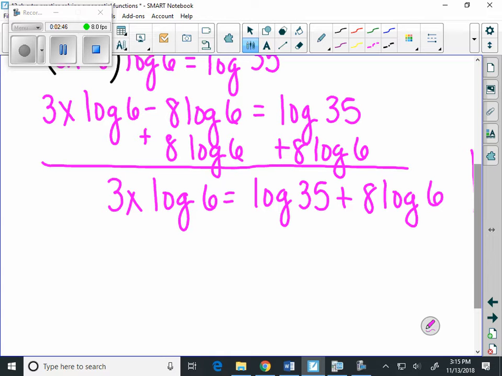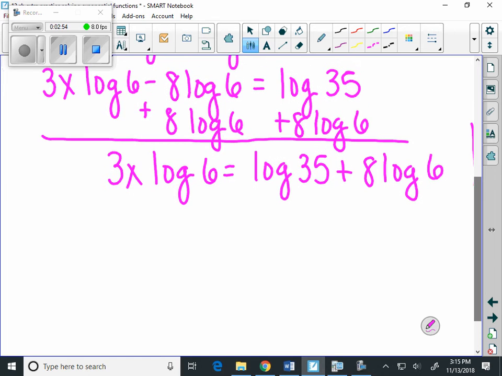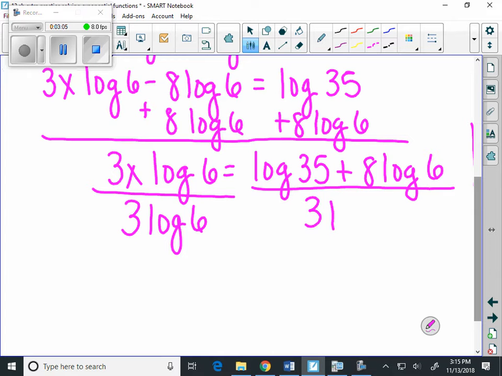And what we're trying to do is get x by itself, and it's 3 times x times log of 6. So since those are all multiplied together, we're going to divide by 3 log of 6. If we divide the left side by 3 log of 6, we need to divide the right side by 3 log of 6.